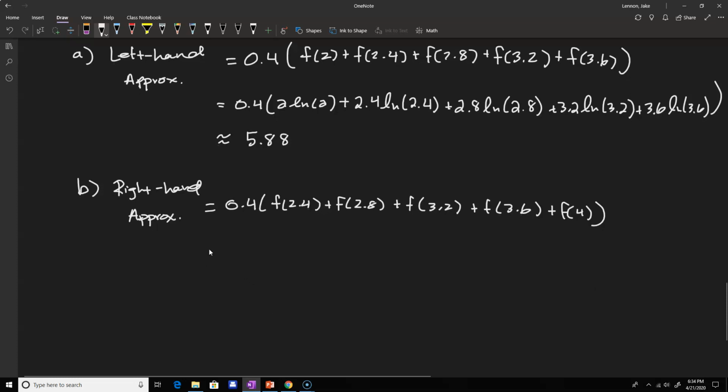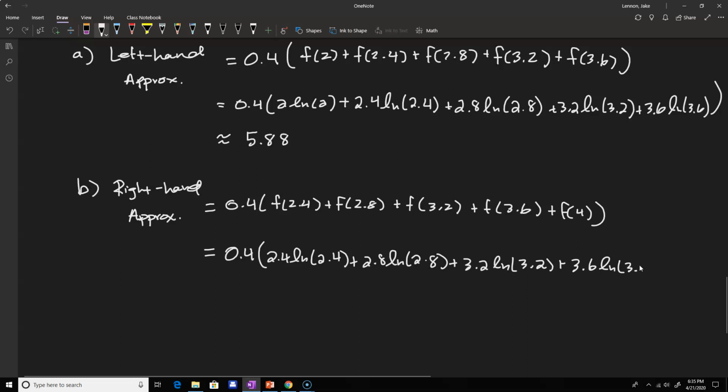So again, you plug all those values in, we get 0.4 times 2.4 natural log 2.4 plus 2.8 natural log 2.8 plus 3.2 natural log 3.2 plus 3.6 natural log 3.6 plus 4 natural log 4.